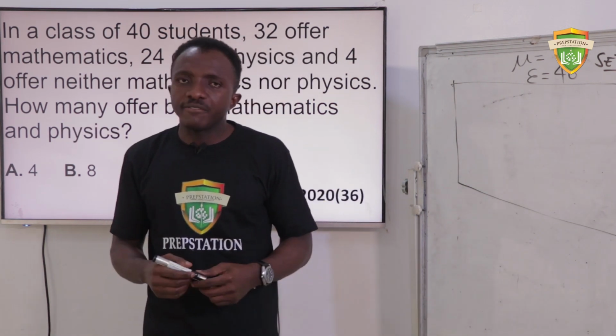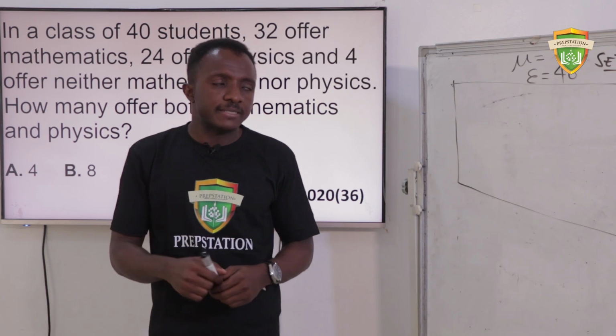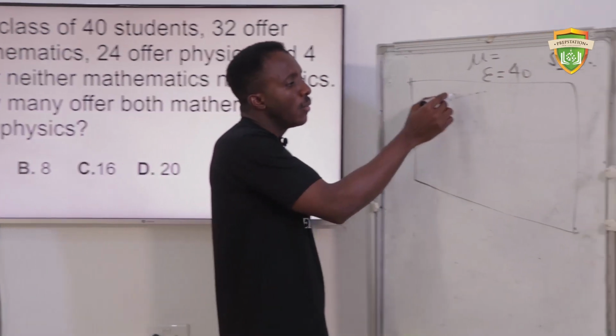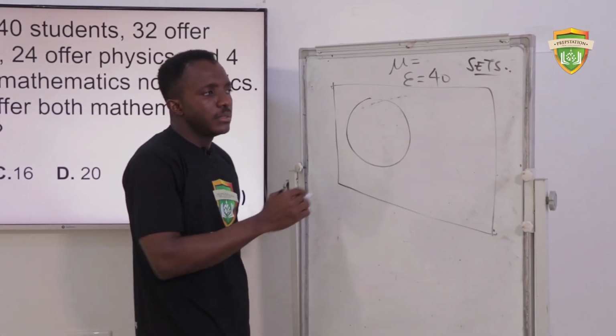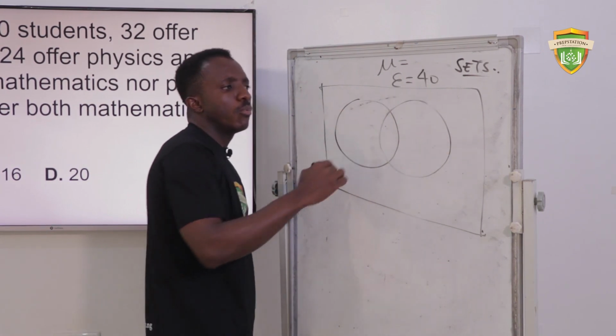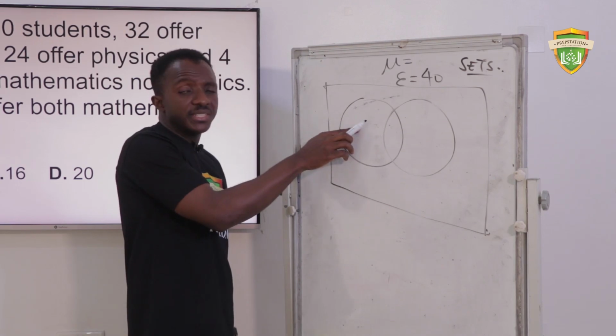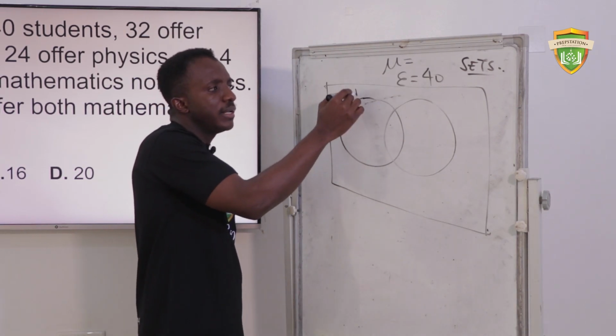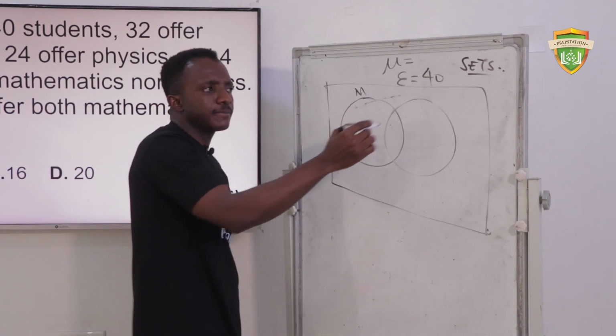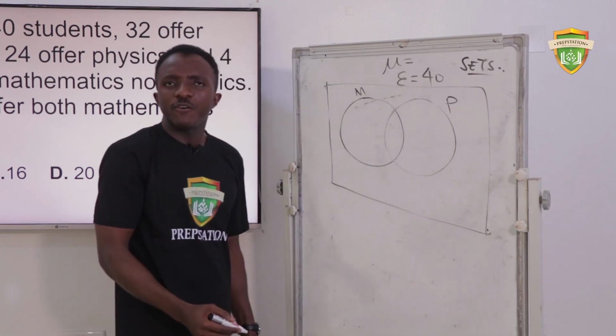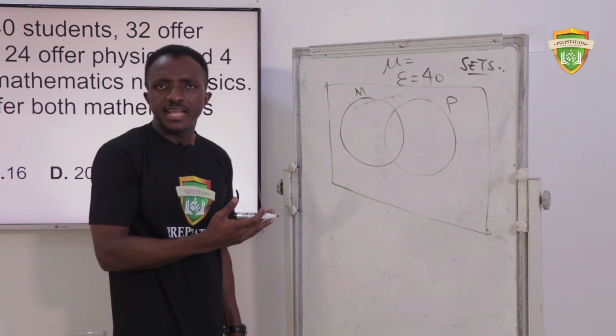Well, as we go forward, we'll find another subset. Now, let's go. We're going to represent the number of students that offer math and physics with a circle. So, let's use M for mathematics and P for physics. I hope this is clear.